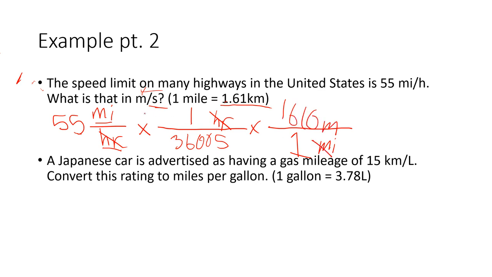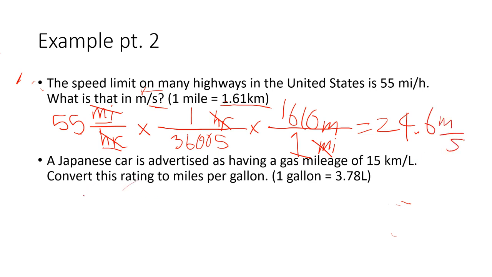Okay, what's great is the miles cancel, and you're left with just calculations you have to put in your calculator. You get 55 times 1,610 divided by 3,600. You get 24.6 meters per second. Okay, let's do another one.